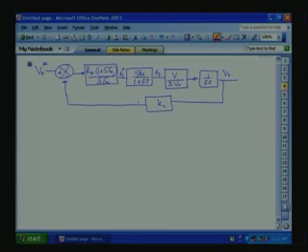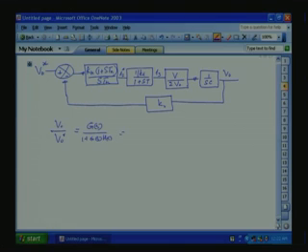Now again let us see what is the purpose of this lead. There is a lead here, 1 by 1 plus STN. If you write down the transfer function, V0 by V0 star is equal to G(S), that is forward gain divided by 1 plus forward gain times closed loop gain.